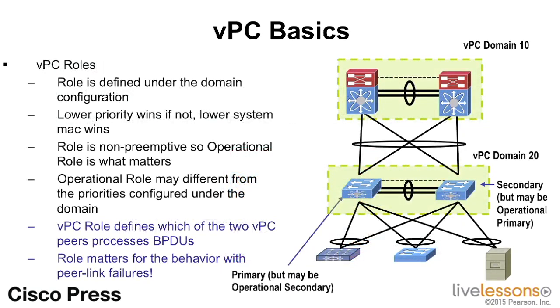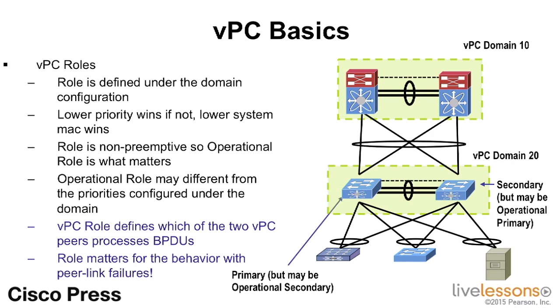Now, because we have 2 switches inside of a VPC domain, we must give each one of these switches a role. The role is defined under the domain configuration. You can manually define a lower priority to make one of the switches the primary switch and the other the secondary switch. It's important to note that the role itself is not preemptive.